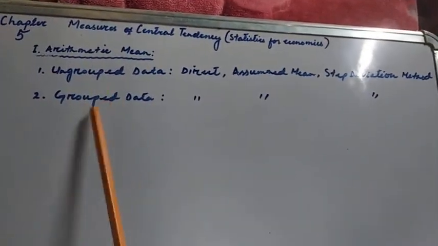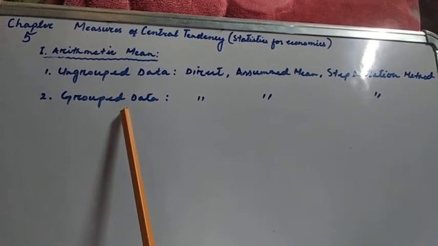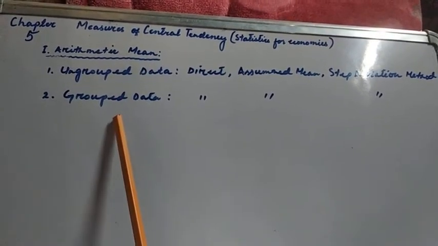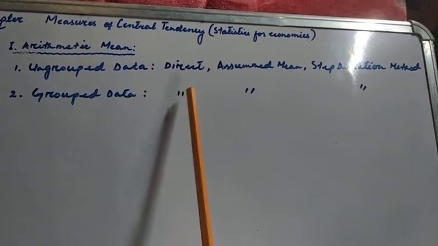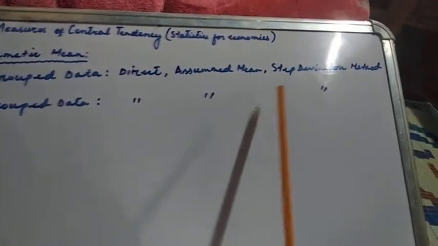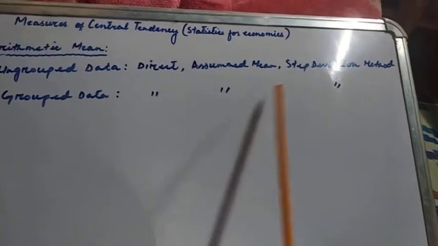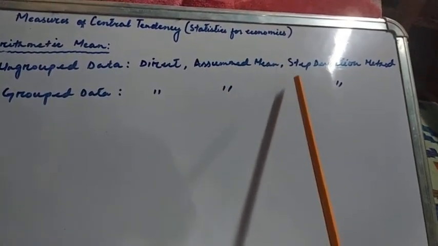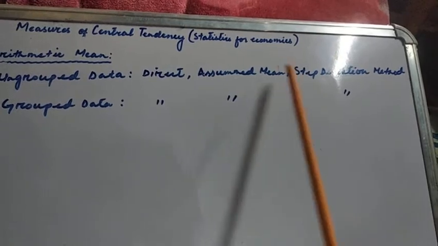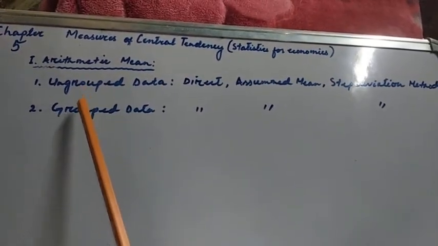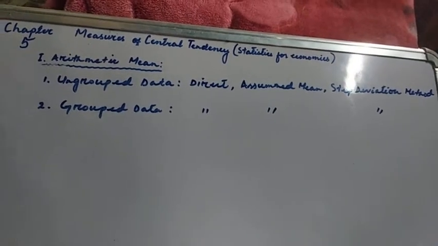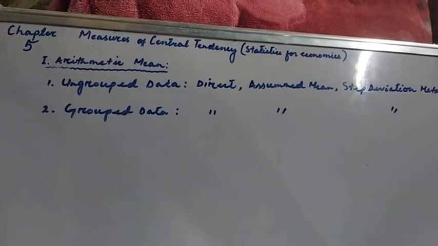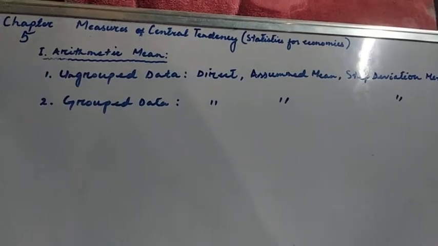Under grouped data there are two types, discrete series and continuous series, and in all of them we have the direct method, assumed mean method, and step deviation method. The formula and computation will be very similar for ungrouped and grouped data, but we will have different formulas for discrete and continuous series under grouped data.